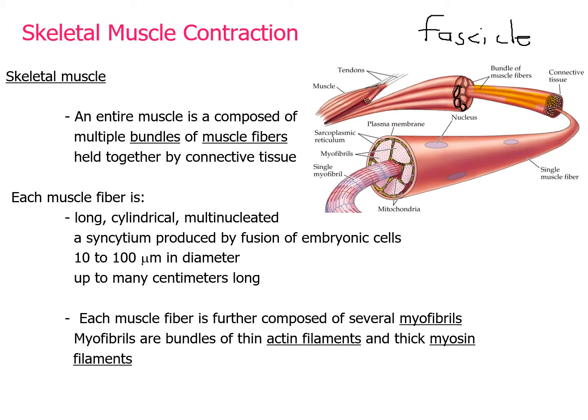So this single fascicle is made up of multiple muscle fibers. So there's an individual muscle fiber, an extremely long, multinucleated, cylindrical structure. Once you look at the single muscle fiber itself, it is made up of multiple myofibrils.